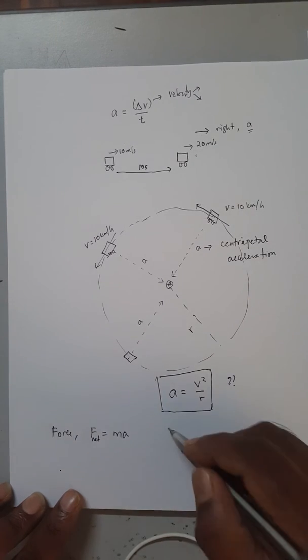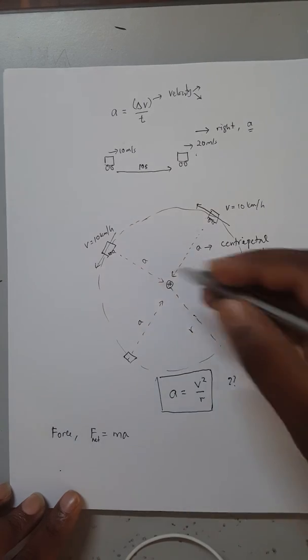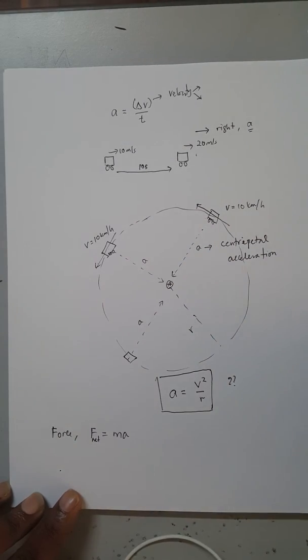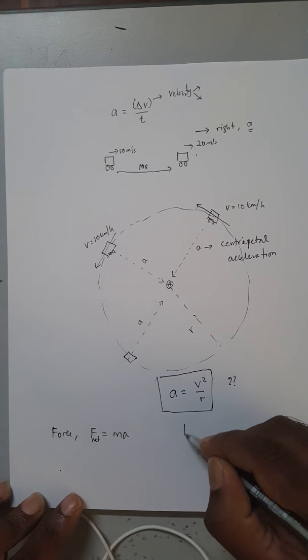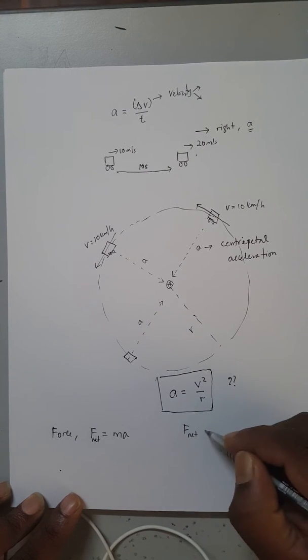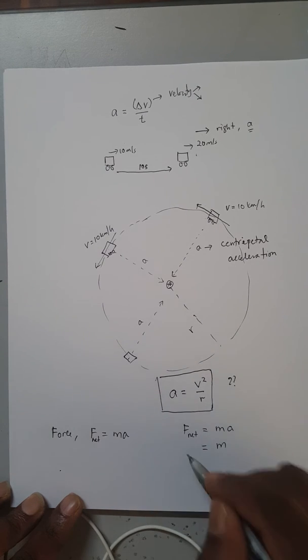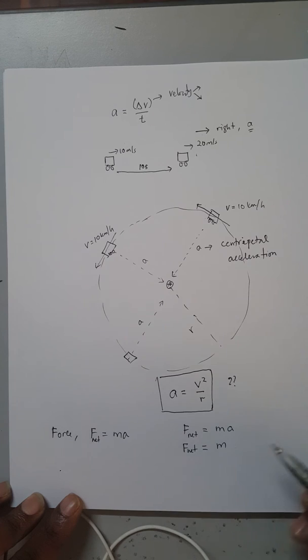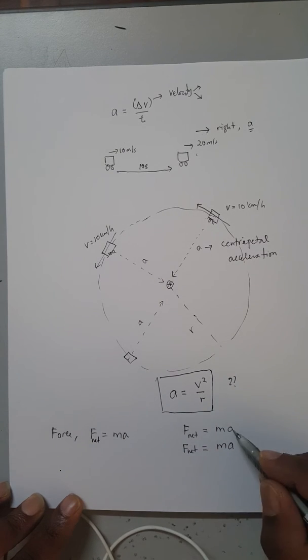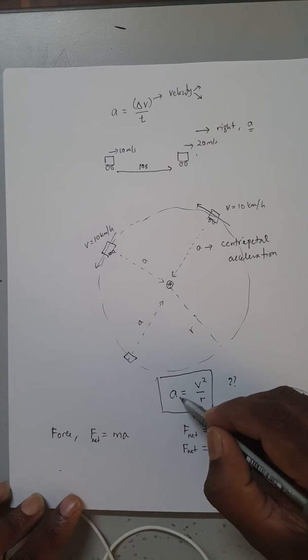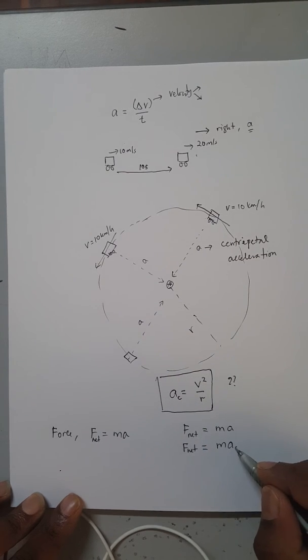How about for a circular motion? We're going to use the same formula, F net equals ma. Since it's a centripetal acceleration, we write it with a c. Centripetal acceleration is v squared over r.